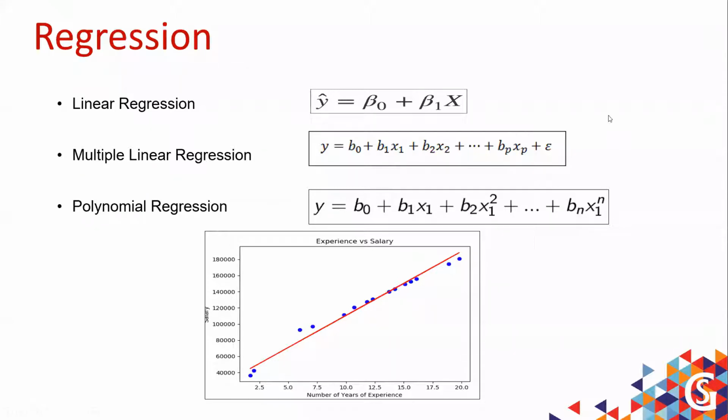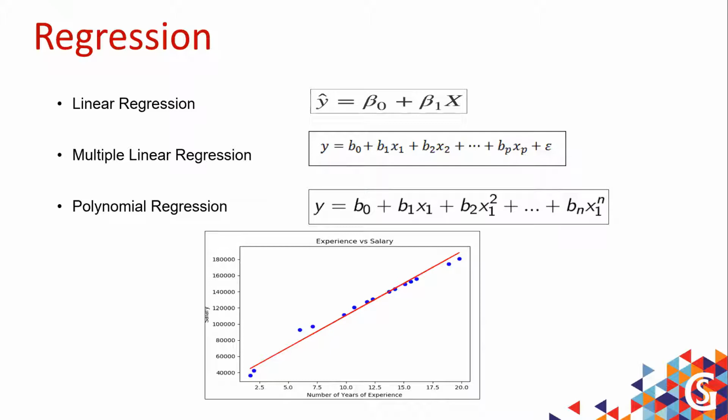Now when we get into regression, it is based on the kind of data that we have. If we want to predict data which is in a continuous range, like the customer lifetime value in the insurance industry, or the salary of a person based on years of experience, then it is continuous data.